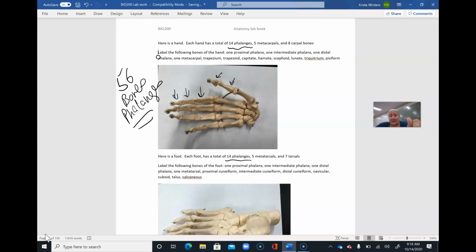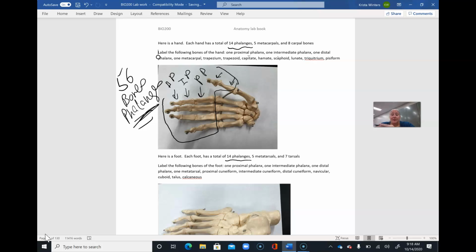So if you're labeling, this is a proximal phalange, this is an intermediate phalange, and this is a distal phalange. But on your exam, on your lab practical, the only thing I care about is that all of those bones are known as phalanges, okay?